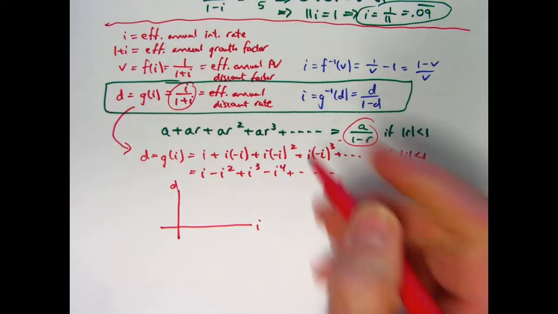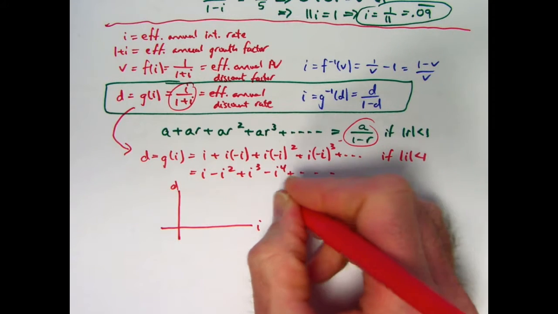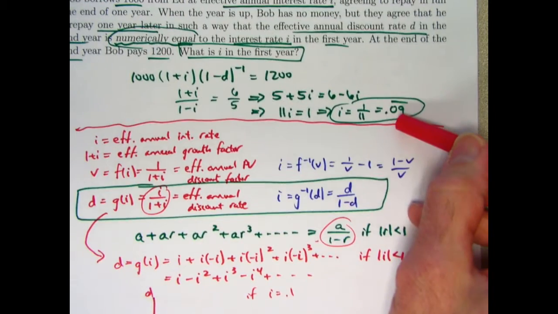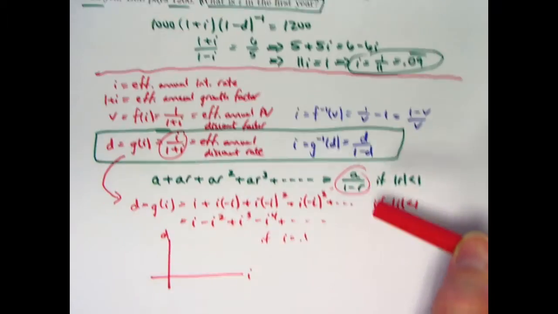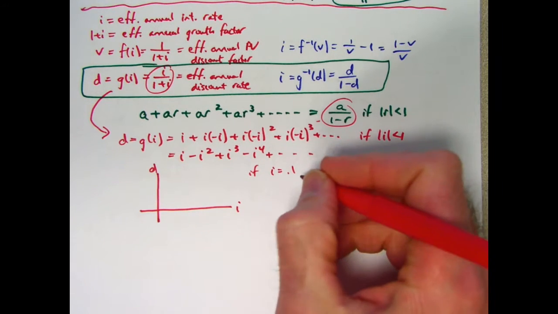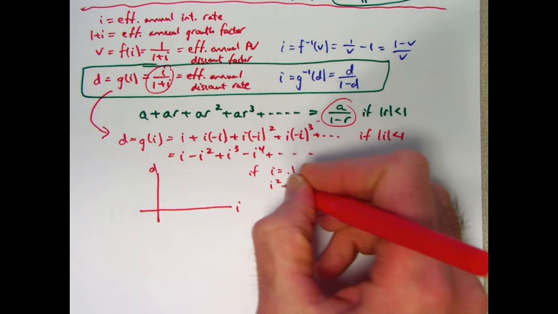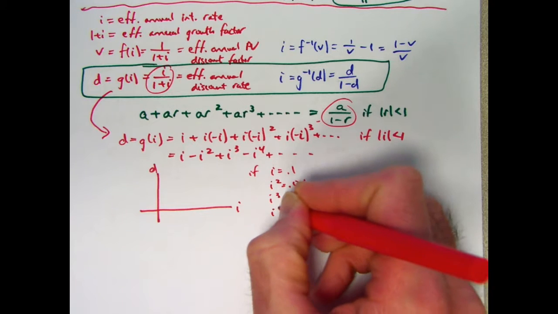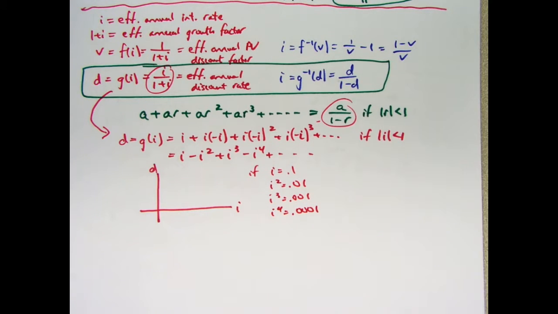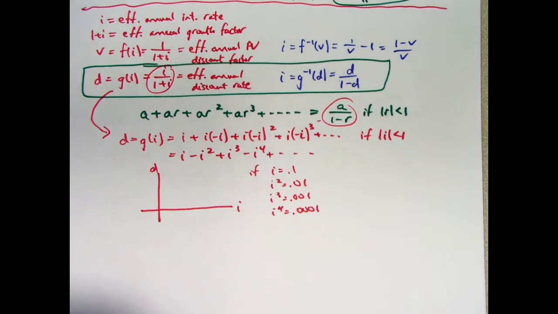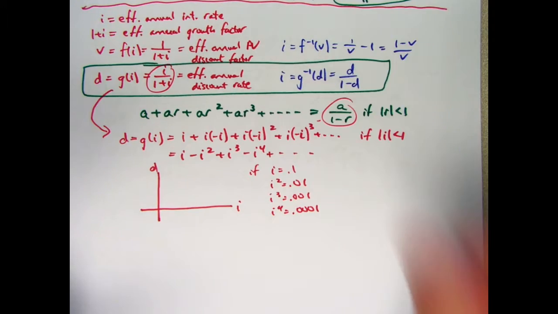For example, if I is 0.1, I was not 0.1 in the problem we solved, so this is sort of separate from the problem we solved, though we might get some insight about the problem we solved here. Ultimately, if I is 0.1, then I squared would be 0.01, I cubed would be 0.001, I to the 4th would be 0.0001, etc. They are orders of magnitude smaller than I, so when I is small, d is approximately equal to I. You can ignore the other terms.